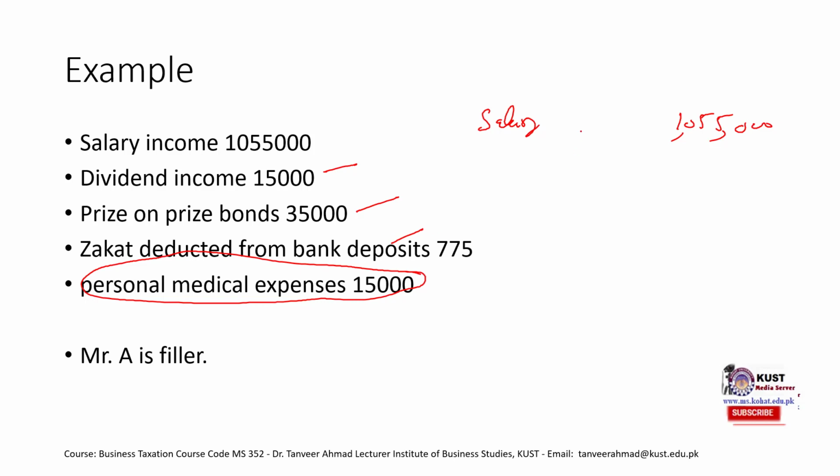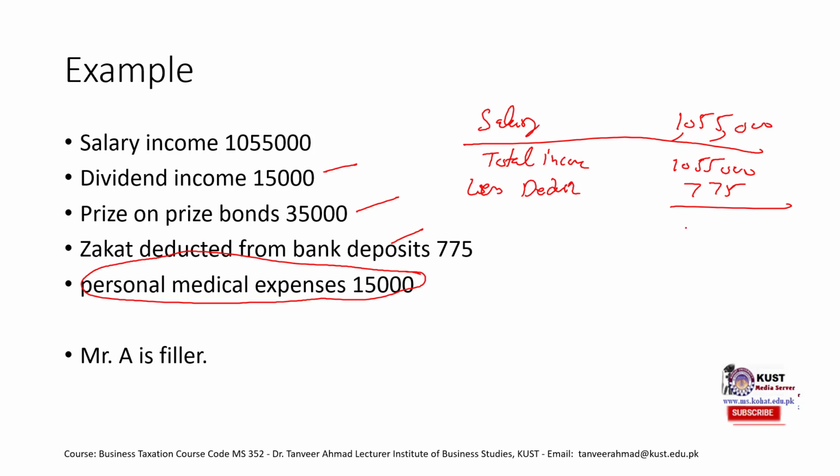Okay, so our total income becomes 10,55,000 less deduction. The deduction that we have is zakat is 775.